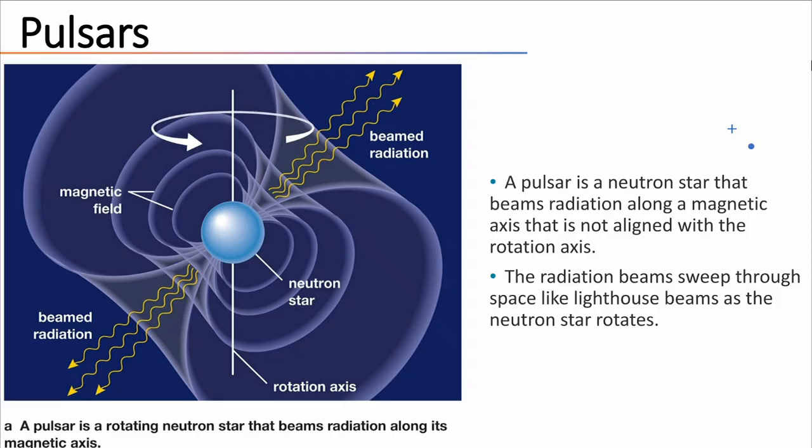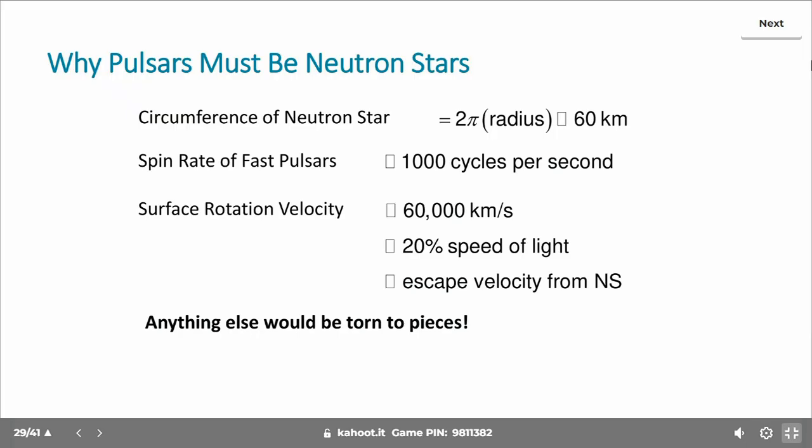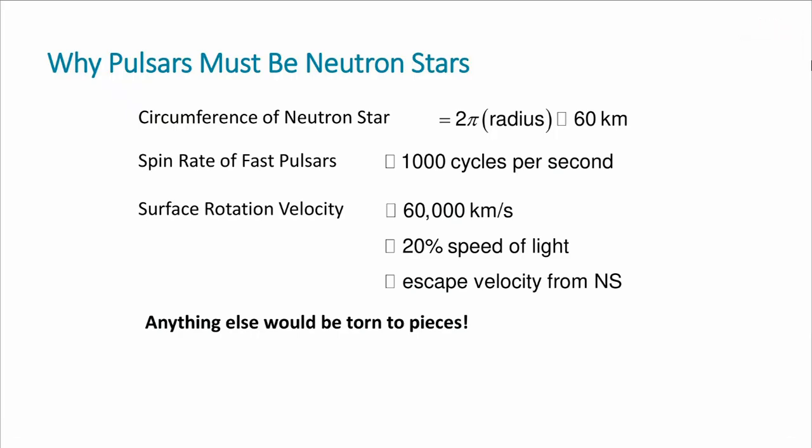You can imagine this being like a lighthouse that has a rotating light flashing out at sea. So if you do some basic math, we can calculate the radius of a neutron star.